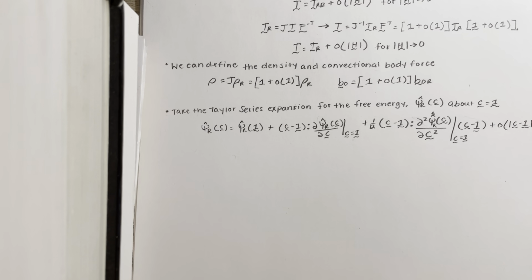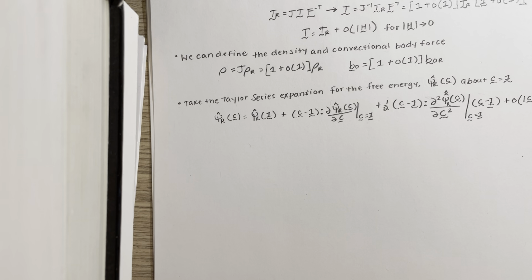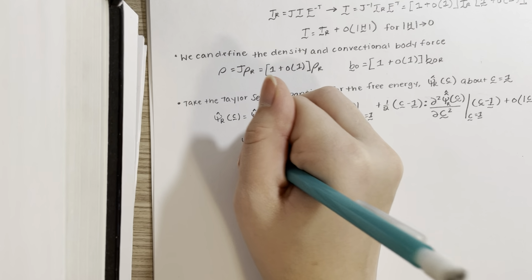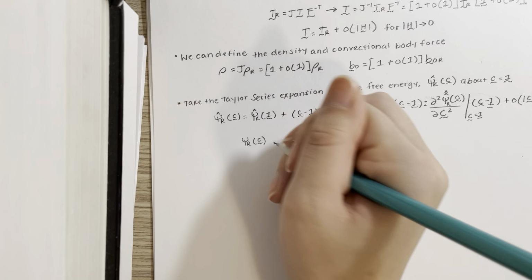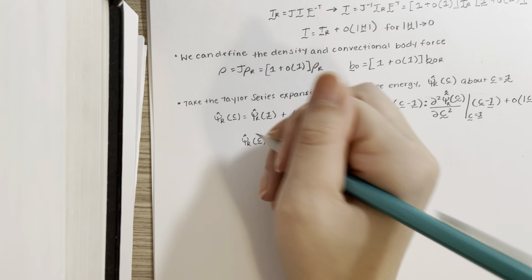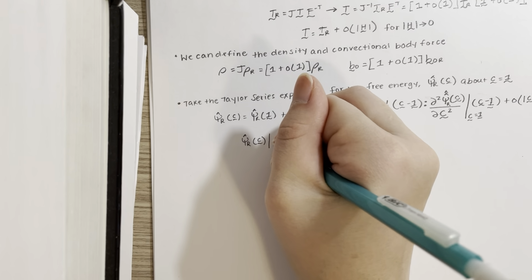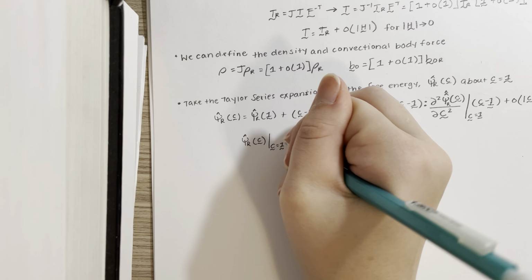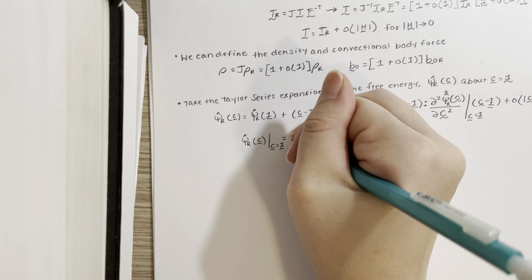So we're going to assume that phi r hat of C evaluated at C equal to 1 is 0.